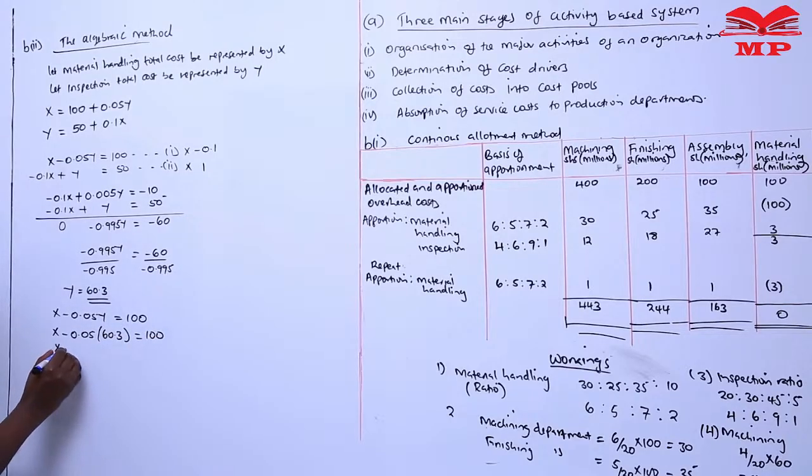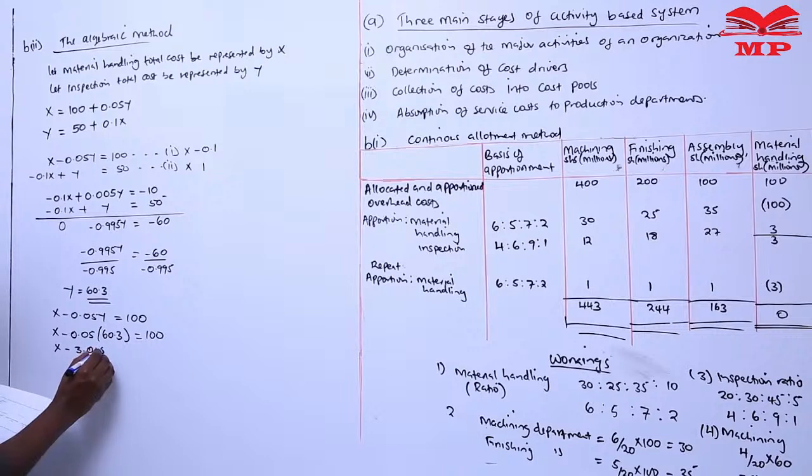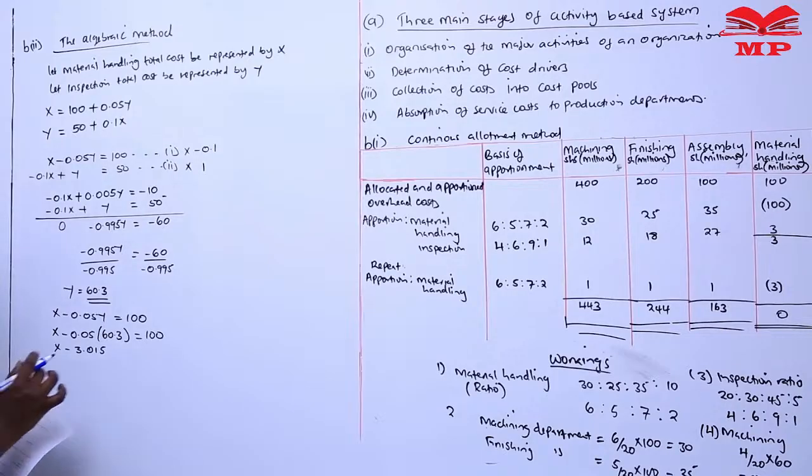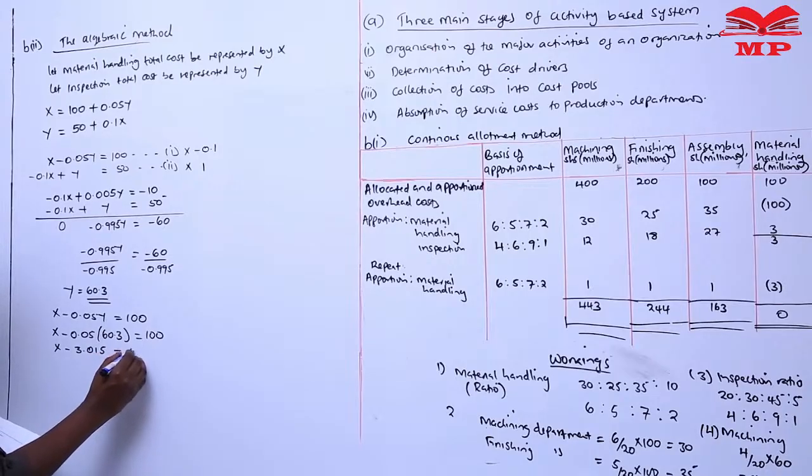So this will be x minus 3.015, which is 0.05 times 60.3, equals 100.